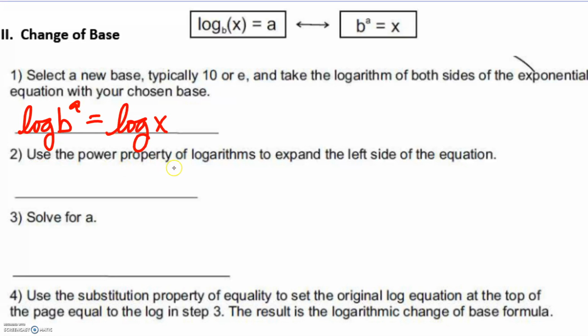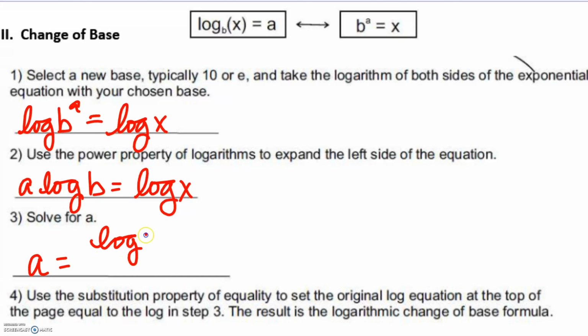Step 2, use the power property of logs to expand the left side. The power property is what we just proved, that if you have the log of something to a power, you can make that power into the coefficient. Solve for a. So I would need to divide both sides by log b in order to make that happen.